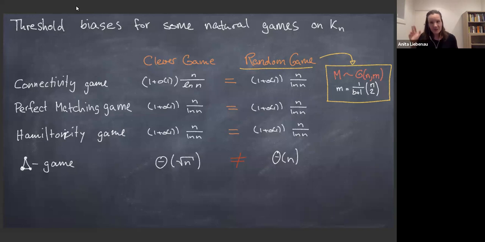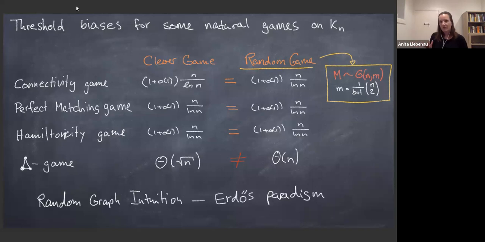And that intuition is called the random graph intuition or the Erdős paradigm, after Erdős. Okay, so the question is when playing completely at random is just as good as playing when both players play cleverly.